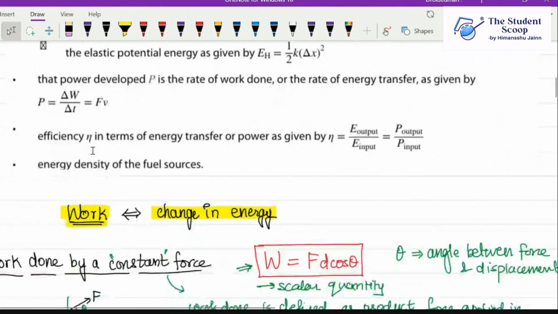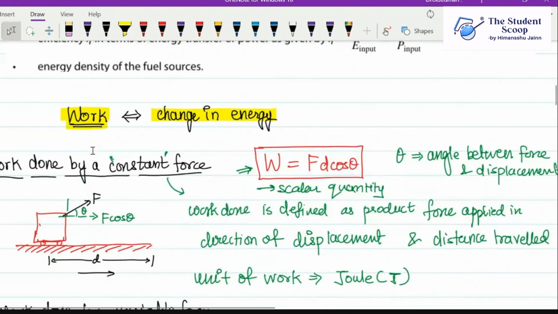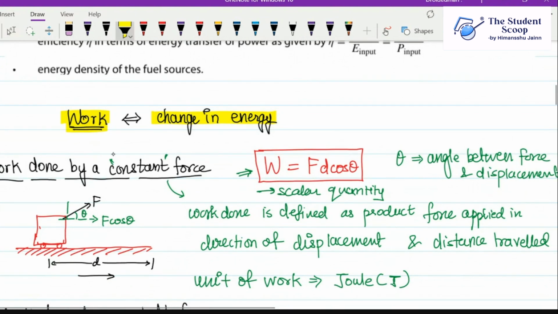So the first thing, we'll start with the constant force, and work done by a constant force. Okay, so a constant force means that there is some external force that is applied on an object. Yes, the object can be experiencing other forces, but when we are considering work done, we try to calculate work done for a particular force, how much work is done.